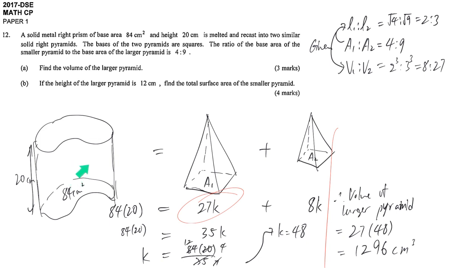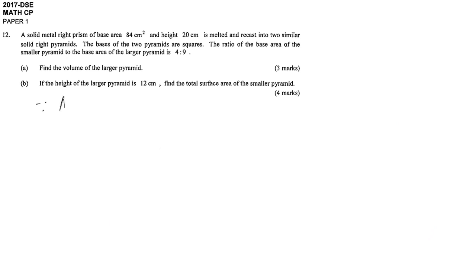Of course, you won't write this drawing in your exam paper. Just draw it in your draft paper, and then for the formal presentation, I'm going to finish it once again. Since A1 to A2 is equal to 4 to 9, L1 to L2 is equal to 2 to 3. So V1 to V2 is equal to 8 to 27.